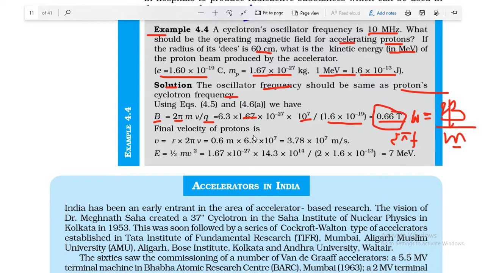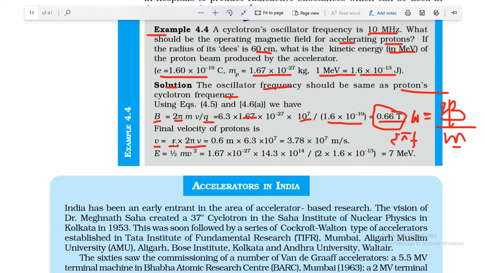Now the final velocity of the proton is given by V is equal to R into omega. We know that if we know omega and the radius of the charged particle, we can find out the linear velocity.